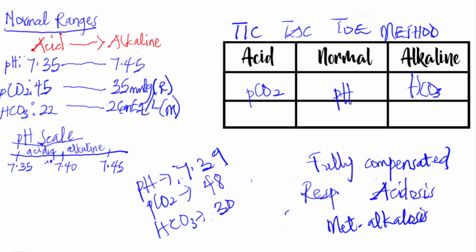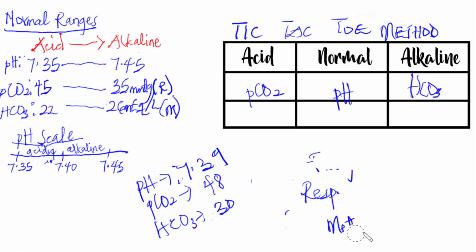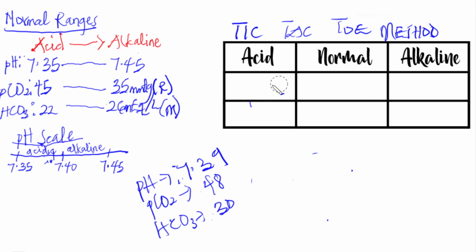Let's take the last example. All right. So the last example, the person has a pH of 7.44. PCO2 is 48.